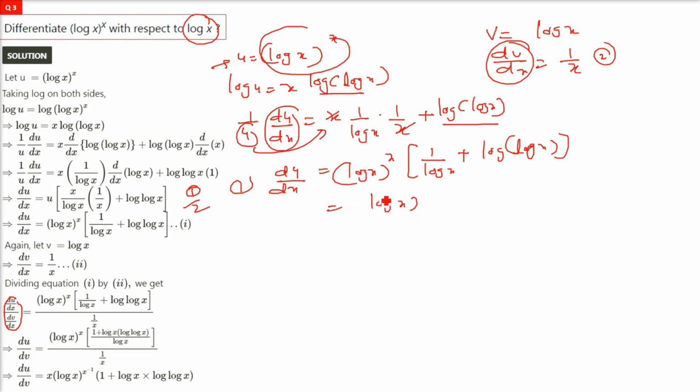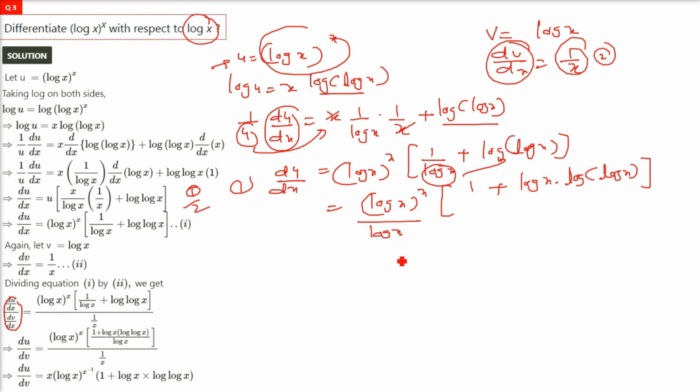So (log x) to the power x, this is 1 plus, this goes here, log x into log of log x, and divided by log x it will be, and there is 1 by x also, and since it is divided by 1 by x, x goes up. And what about (log x) to the power x and 1 by log x?